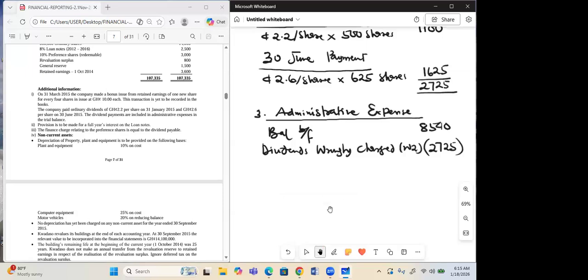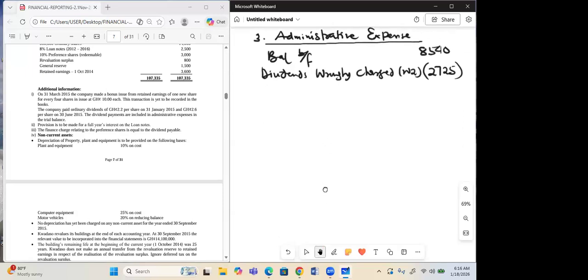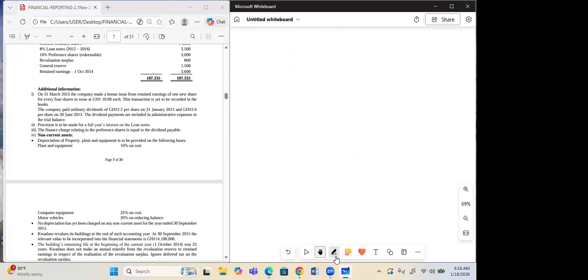All right, so footnote 2. It said provision is to be made for a full year's interest on loan notes. So look through your trial balance and see the loan notes.